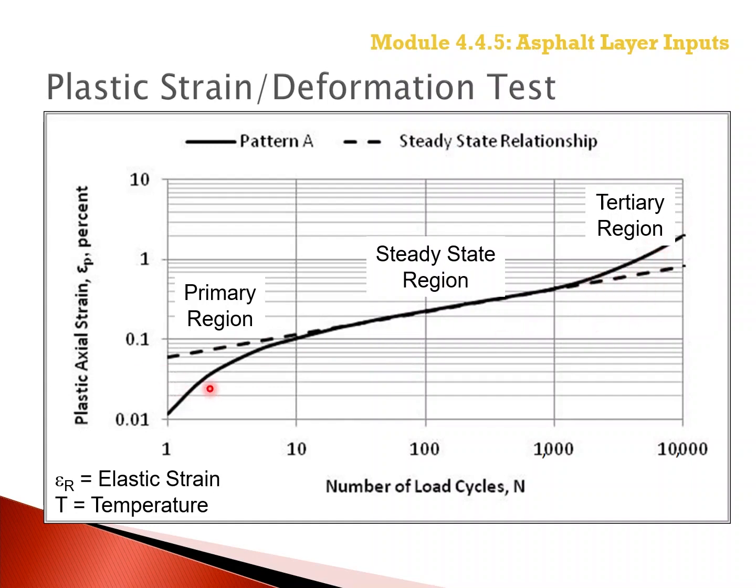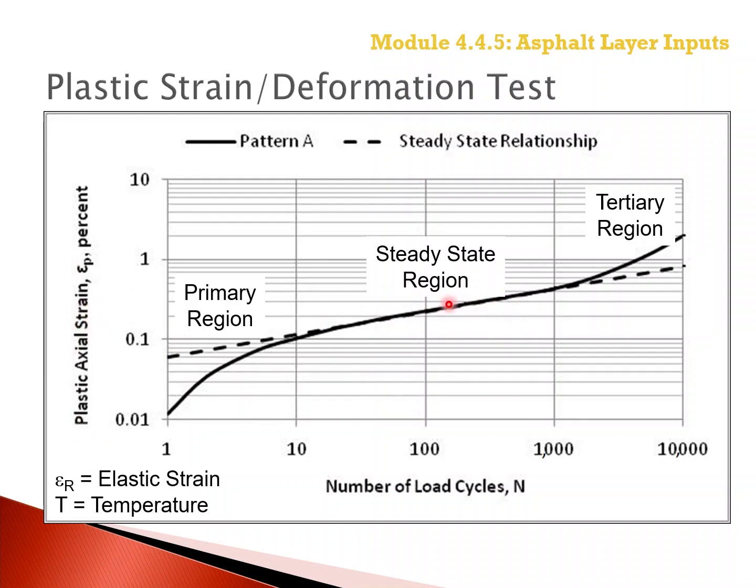The primary region is where the plastic axial strain increases but at a decreasing rate with number of load cycles. The steady state region is where the rate of change in the plastic axial strain is constant with the number of load cycles, or there is a linear line between the log of the number of load cycles versus the log of the cumulative axial plastic strain.